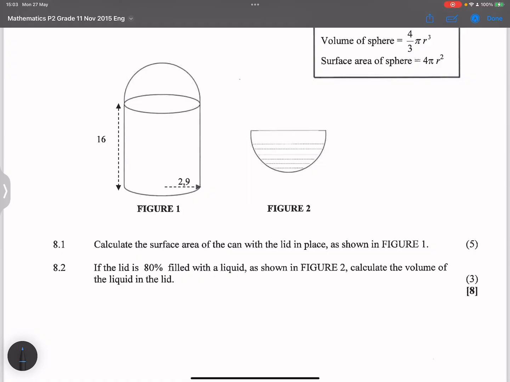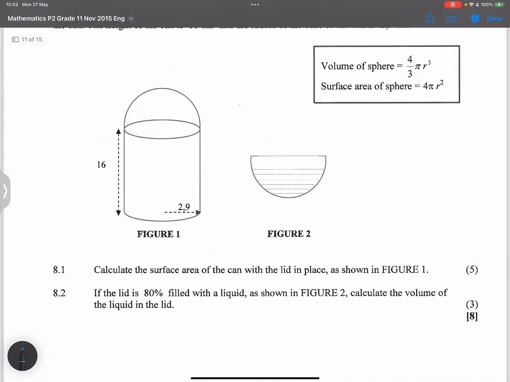Now remember, the surface area of this can is first of all going to be the area of the circle underneath. So let's try and draw this just a little bit nicer. It's going to be the circle, which is the base, and it is also going to be the surface area of the surroundings of the can.